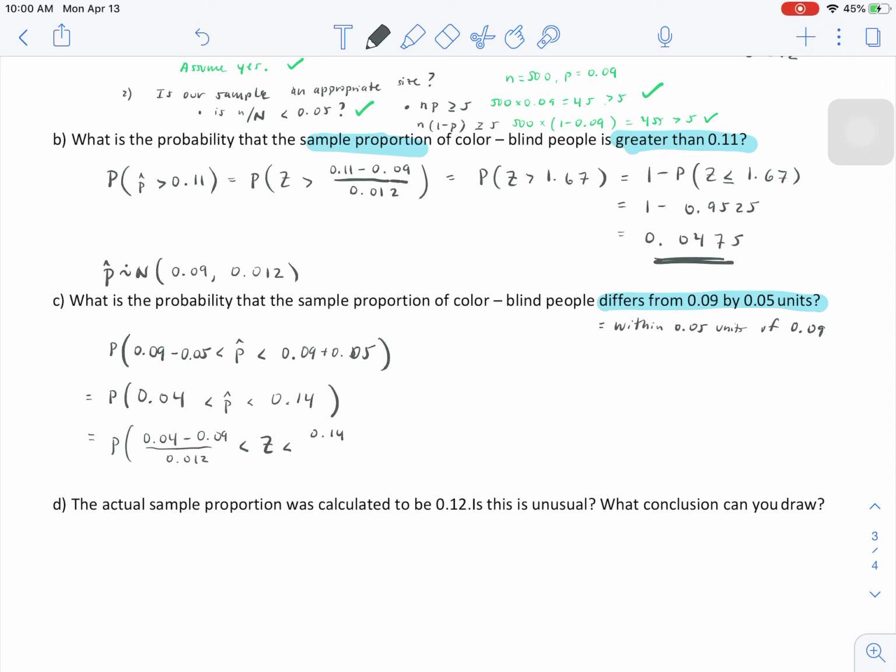I do the same thing with 0.14, divided by the standard deviation. If I plug this into my calculator for my two z-scores on either side, I should get negative 4.167 and positive 4.167.